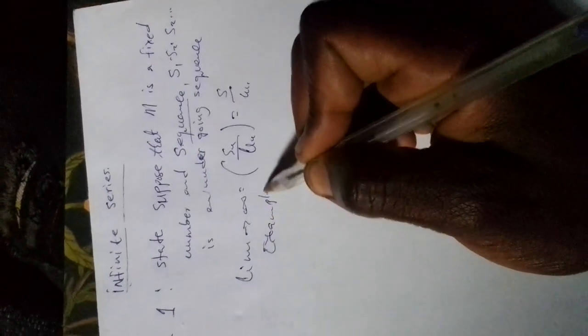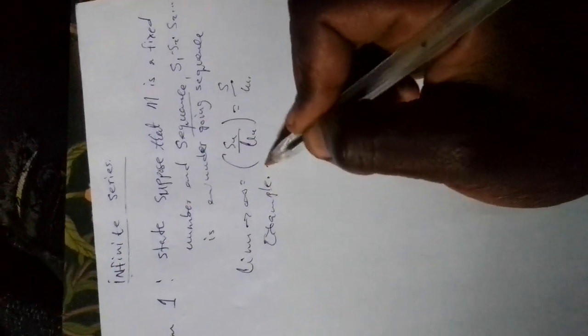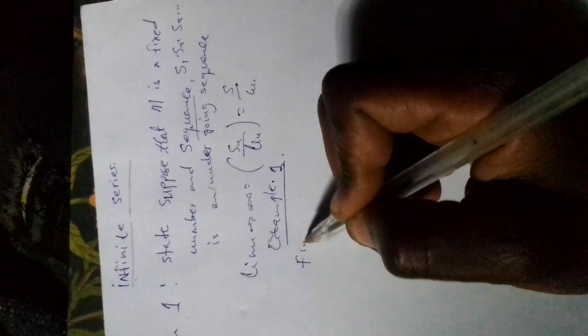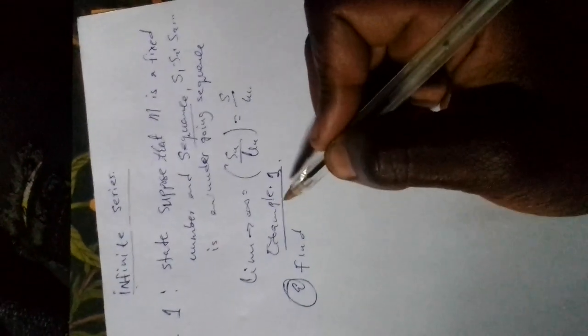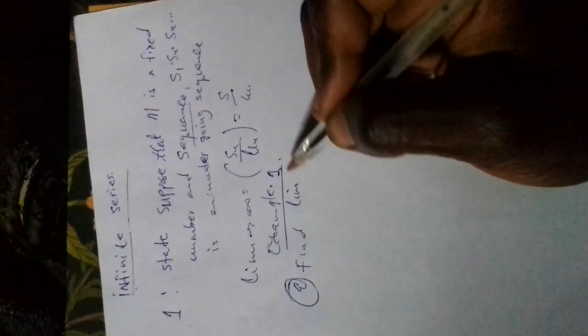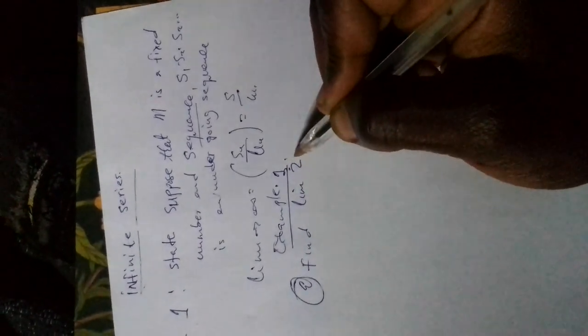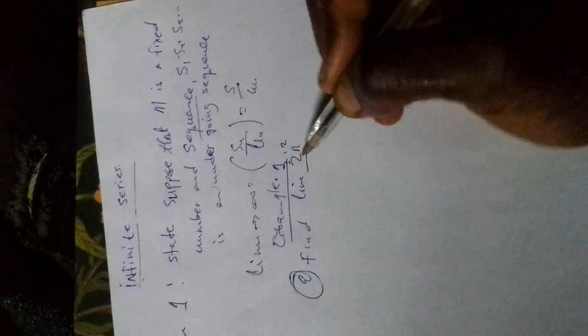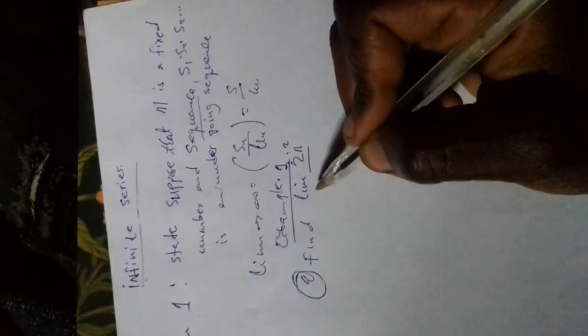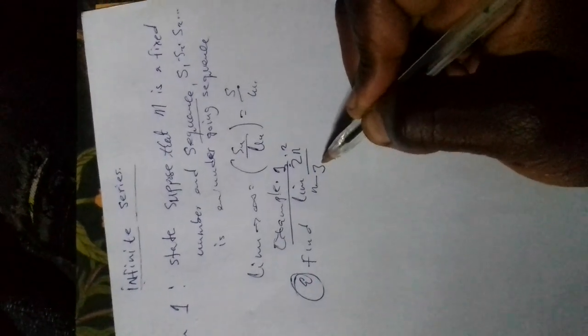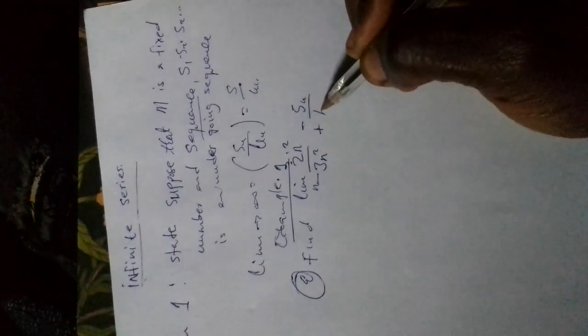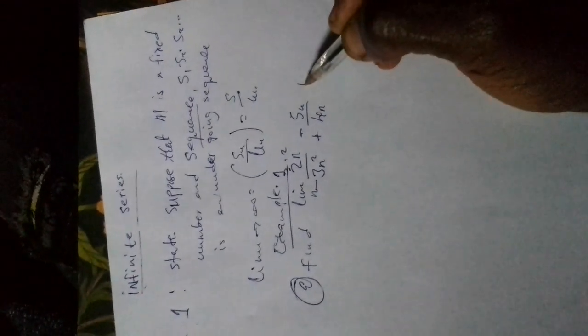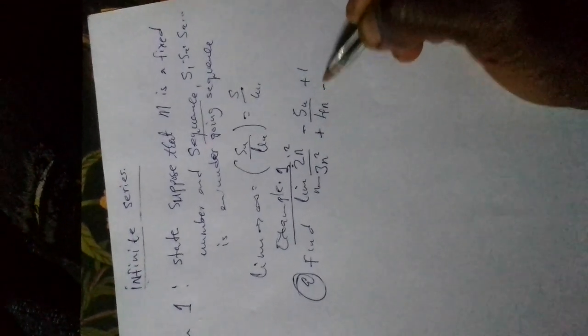Okay, to the example here, pay very much attention. I'll mark it as example 1, question 1: find the limit as n approaches infinity of 2n squared minus 5n over 3n squared plus 4n minus 2.